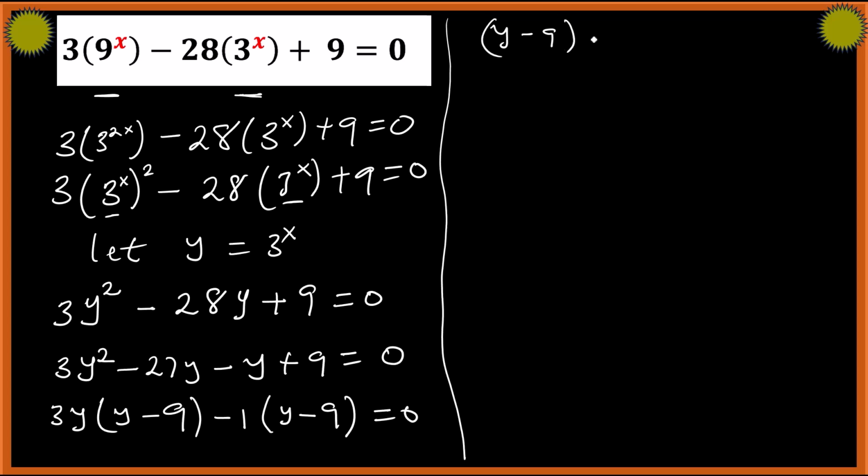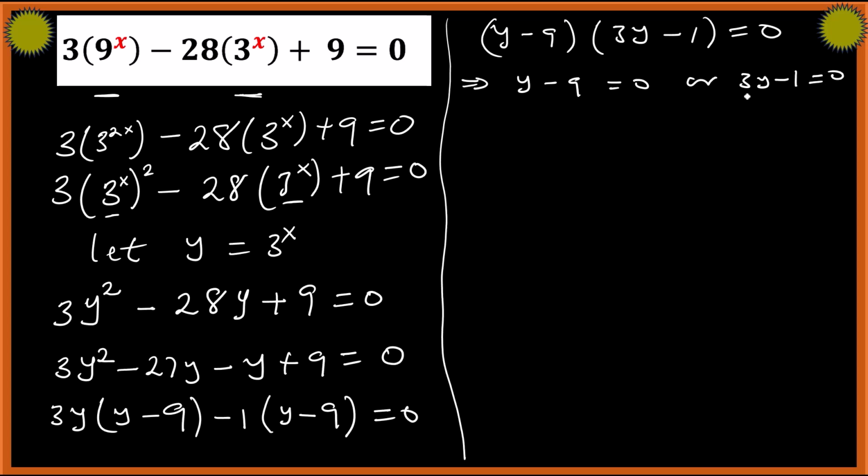and 3y minus 1 equal to 0. So we have this and that, then we have what is inside the bracket. So this one means that y minus 9 equals 0 or 3y minus 1 equals 0.